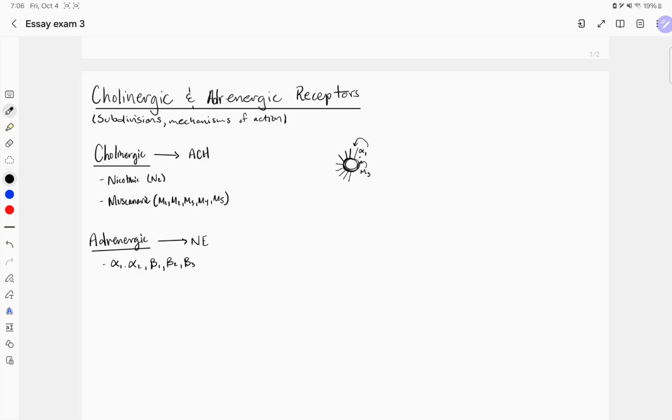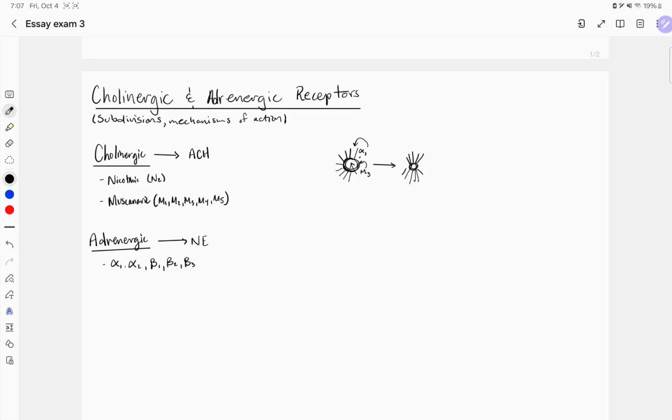And so it's going to pull in, and it's going to look something more like this. So your iris, the pupil of the eye, is going to become smaller, right? And that will be in the rest and digest state. That's the parasympathetic nervous response.